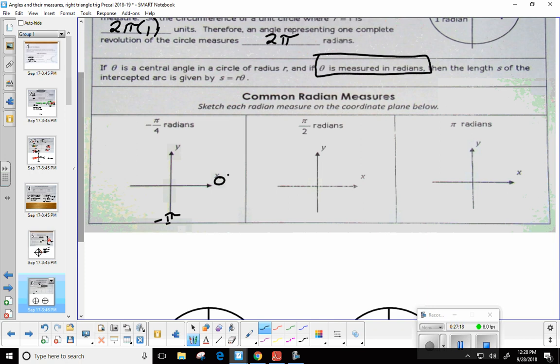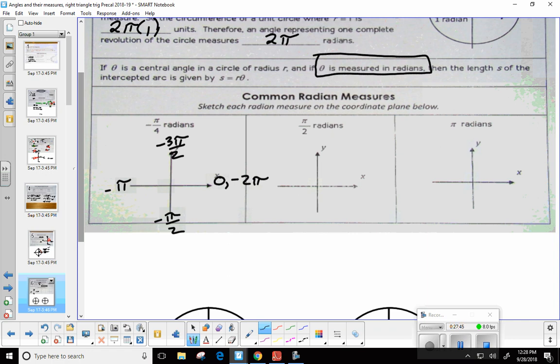So this is negative pi over 2, negative pi, negative 3 pi over 2, all the way around to negative 2 pi. If you think about the fraction that you're given as a portion of what you're looking at, it makes it a lot easier to figure out where your terminal side has to be.